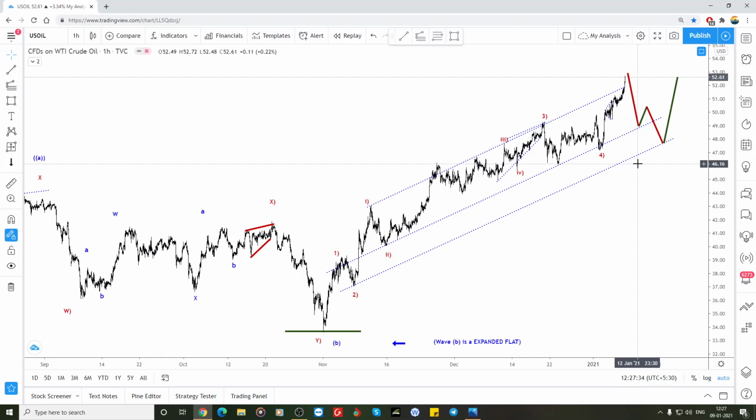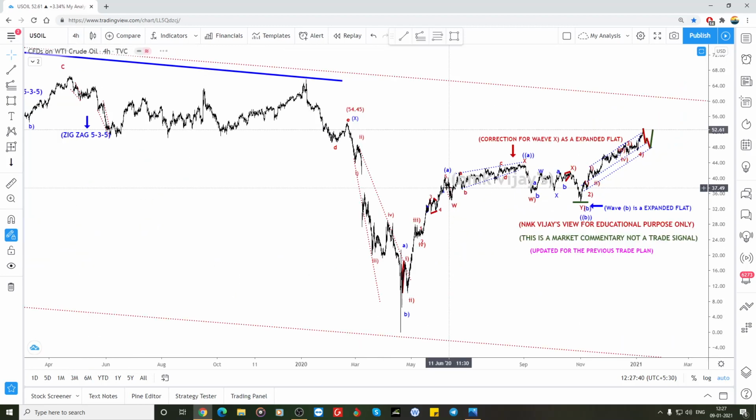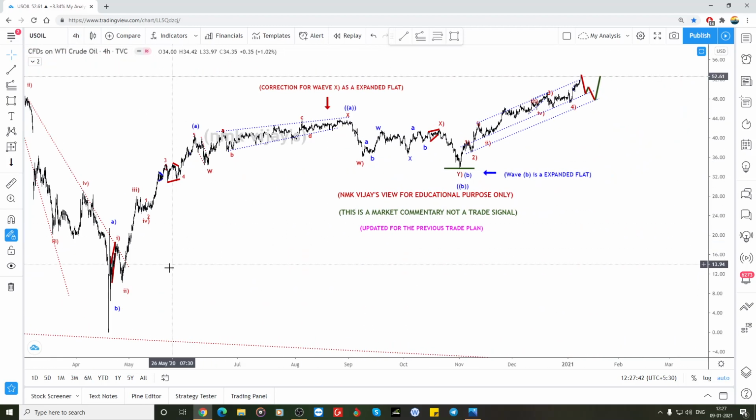You need to trade with your own confidence, not someone else's. Simply, this is the A, then B and C, it's not like that. It could be a W. Here is an A, this is a B, and this could be a C. The C is a little bit small, but that is also acceptable. So let's see.